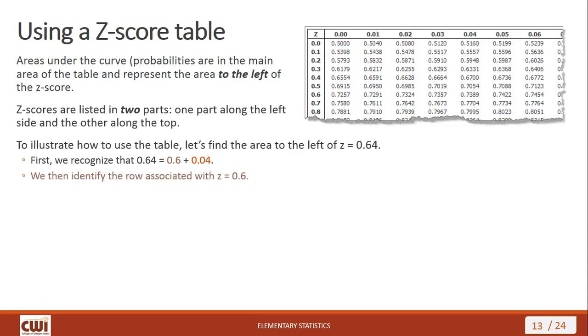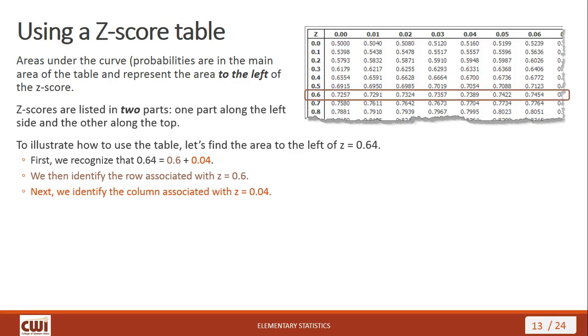Now we're going to identify the row associated with the first number, 0.6. So we look at our z-table and we find the row that corresponds with z equals 0.6. And that's this row right here. Next, what we're going to do is identify the column that's associated with the other number that we added together to give us 0.64. That's the 0.04. So we look for the column that's labeled with the 0.04, and we find that column right here.